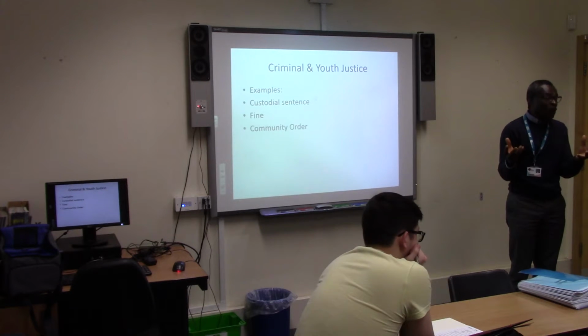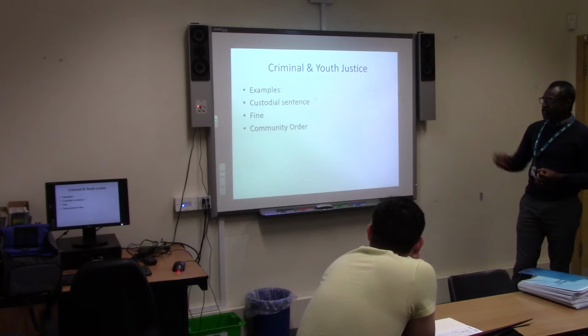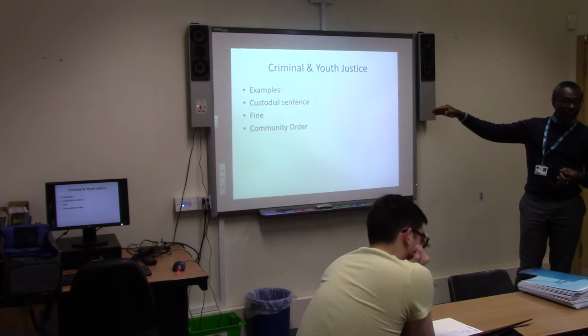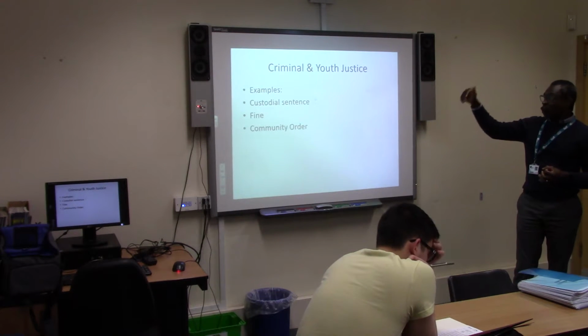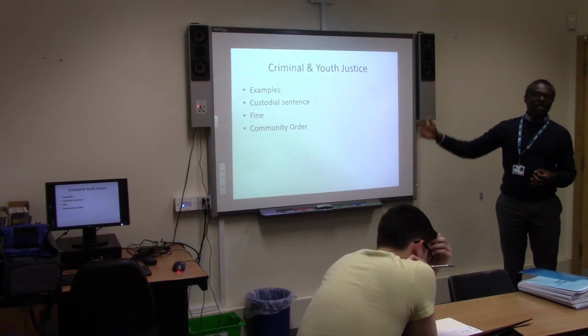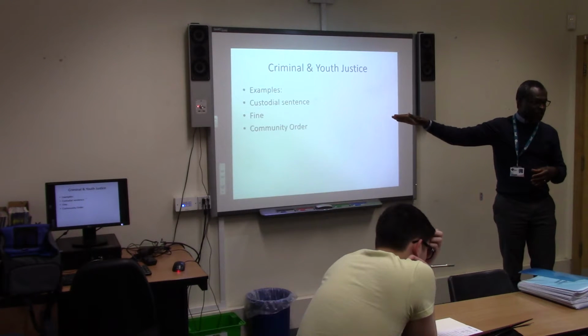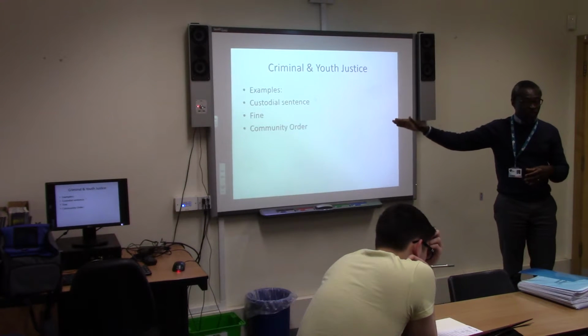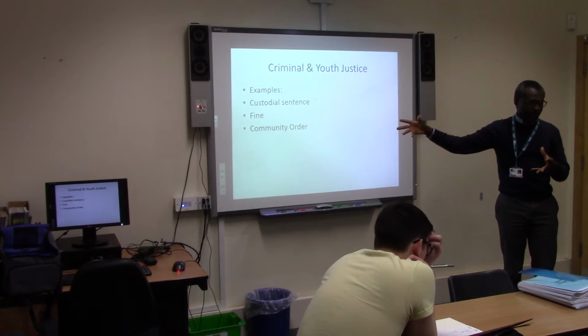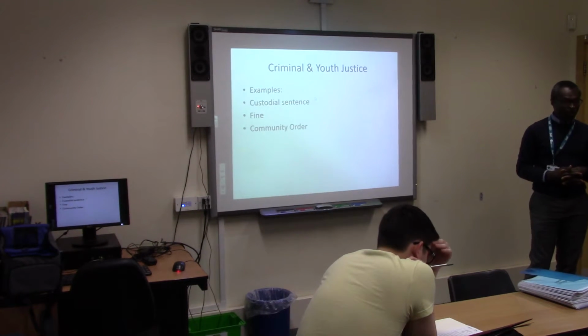What's an example of a case where the defendant got a custodial sentence? What's a fine? Give examples of that. What's a community order? Give examples of that. And because you're analysing, you'd have to compare and contrast the different types of sentences and identify any strengths and weaknesses or any benefits in one particular type of sentence over another.